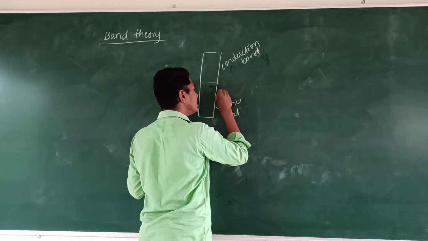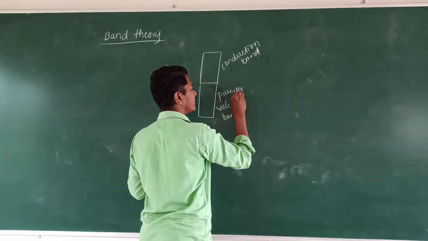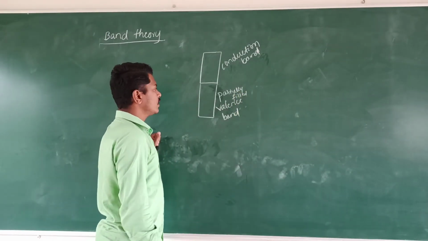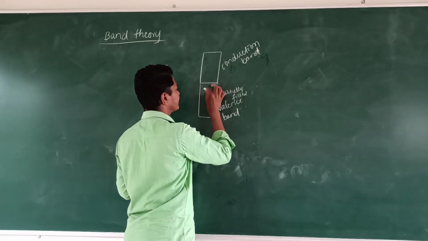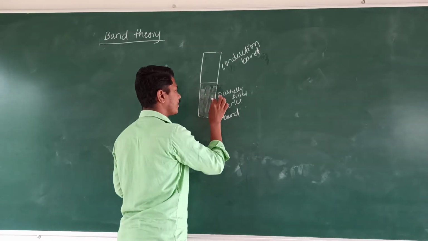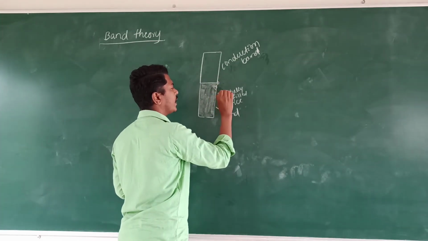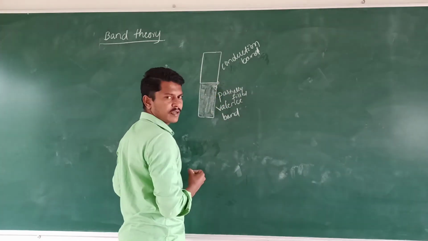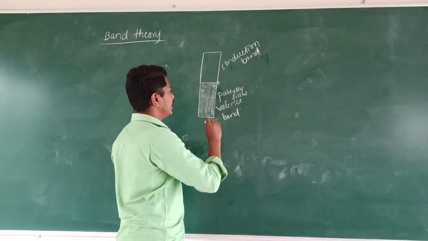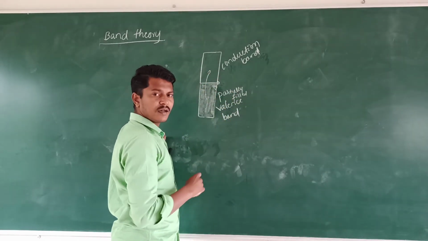Here it is a partially filled valence band. When electricity is applied, there is a very small energy gap between the partially filled valence band and the conduction band. When we apply an electric current, electrons easily jump from the valence band to the conduction band, and it conducts electricity.